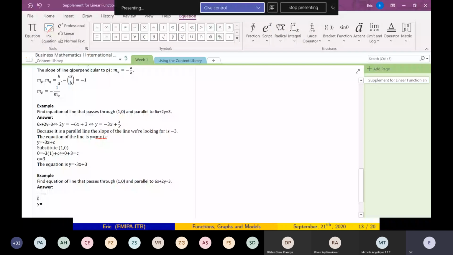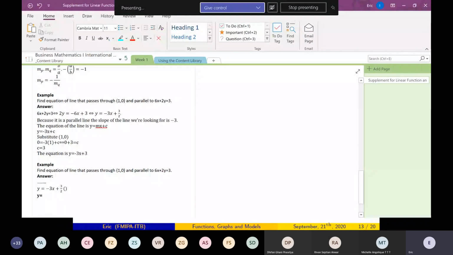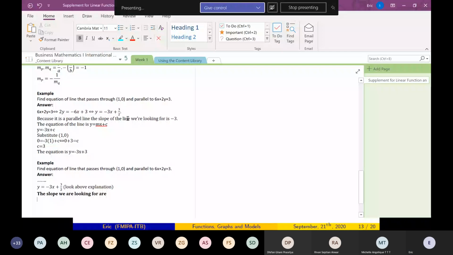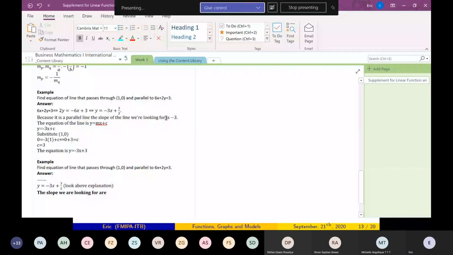The same procedure as above, look at the explanation above. So the slope we are looking for is minus 1 divided by M2.